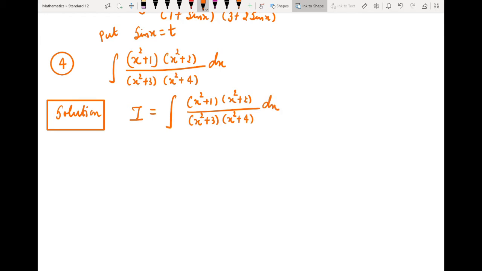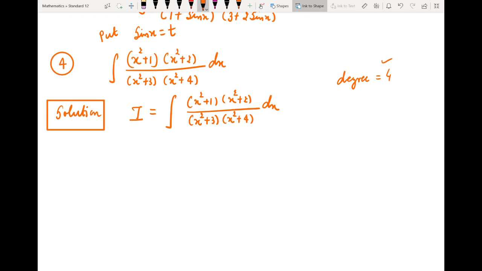Now the first observation is that it is not a proper fraction, because in the numerator the degree is 4 while in the denominator the degree is also 4. So the degree of the numerator equals the degree of the denominator. So it is an example of an improper fraction.